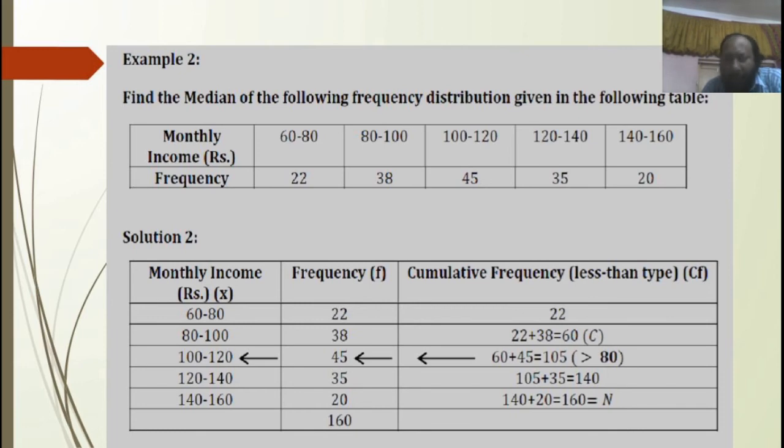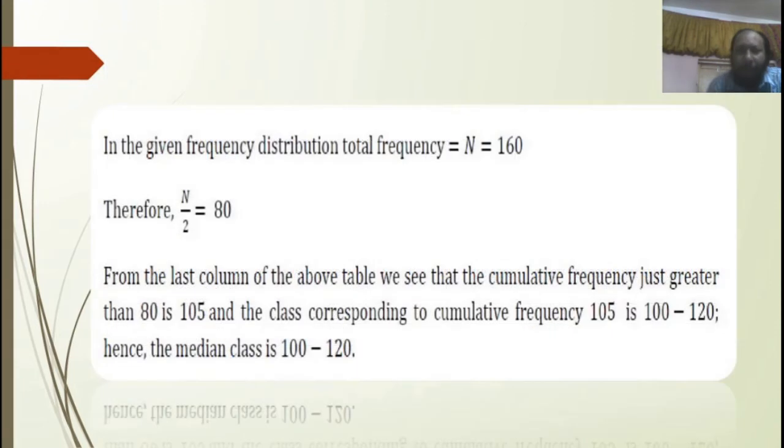And so the corresponding cumulative frequencies are 22, next is 22 plus 38, that is 60, next is 60 plus 45, 105, next is 105 plus 35, that is 140, next is 140 plus 20, 160. So total frequency is 160. Now we have to find n by 2, that is 160 by 2 is equal to 80.